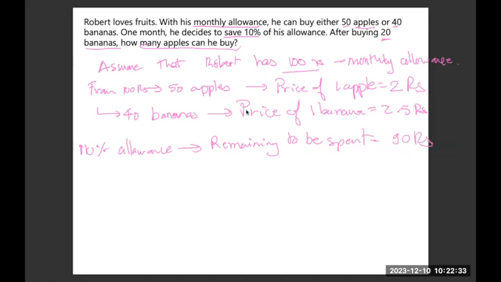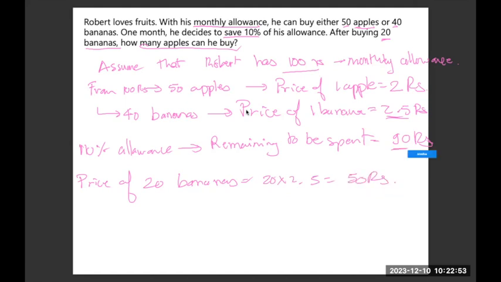Now he has already bought 20 bananas. The price of one banana was 2.5, so 20 into 2.5 will be equal to 50 rupees.